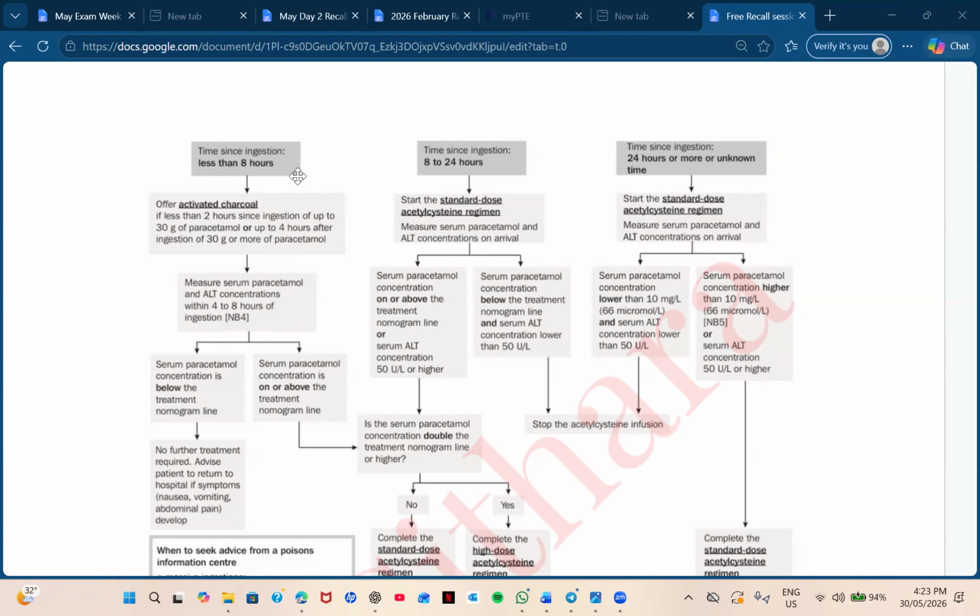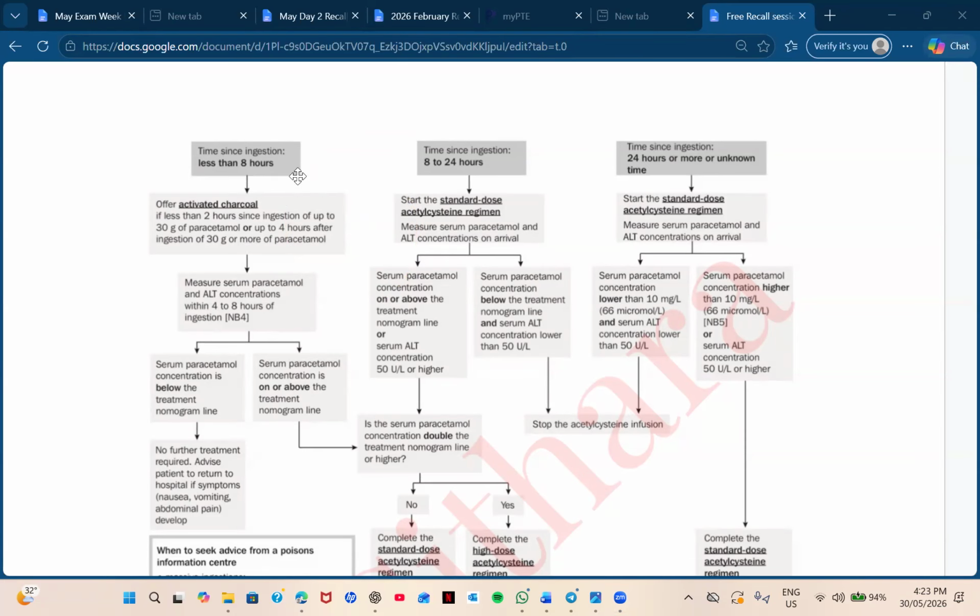When the serum paracetamol concentration is on or above the treatment line of the nomogram, or the ALT concentration is equal to or more than 50, if one of these indications is present, then you have to consider whether the serum paracetamol concentration is double the treatment nomogram line or higher.